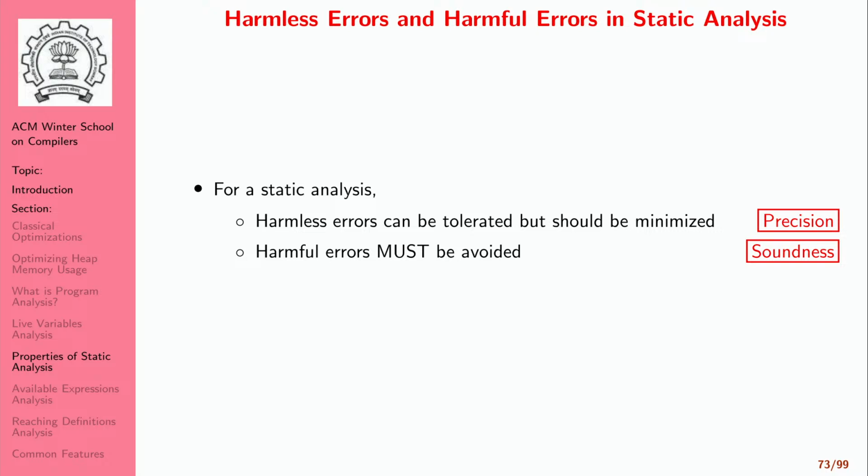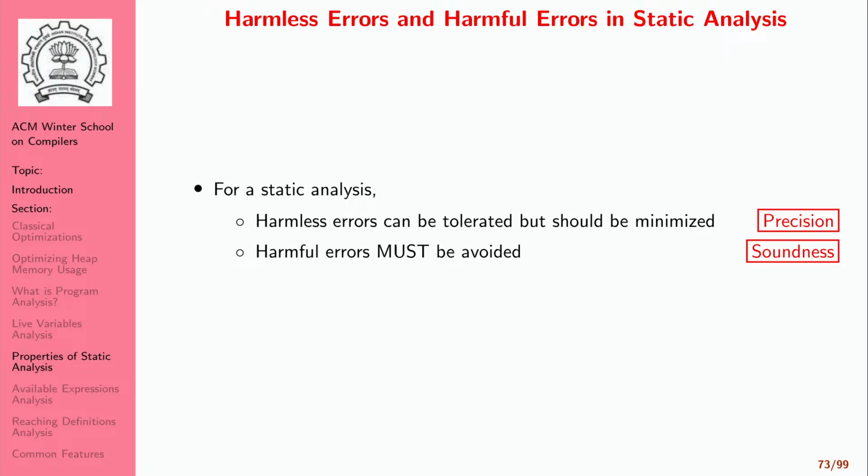If you make harmless errors, maybe you get a result which is not very precise. Maybe you will not be able to do dead code elimination that you should have been able to do. That's where you're losing on precision. You're not getting as much benefit as you would have got, but still things won't go wrong. But if you have harmful errors, then we are compromising on soundness.